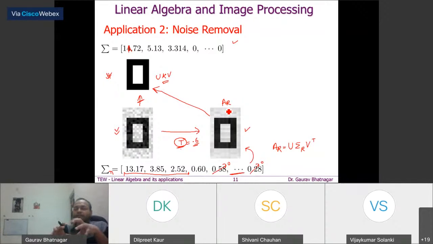This particular phenomenon is called noise removal, and this is how we are going to remove a certain amount of noise from the image or from the matrix. Of course, SVD cannot give you a perfect solution on noise removal, because the maximum signal value cannot be obtained by any means, and hence I can only reduce the effect of noise.